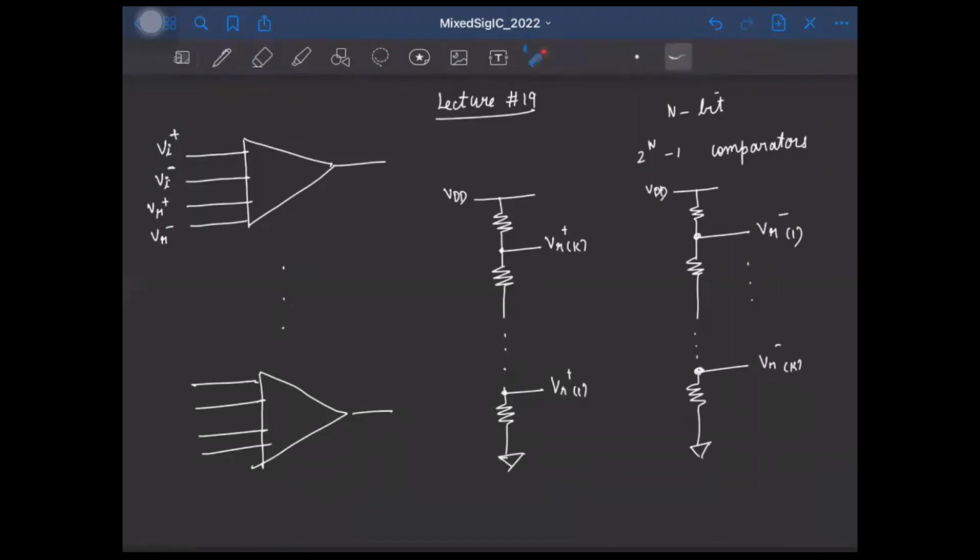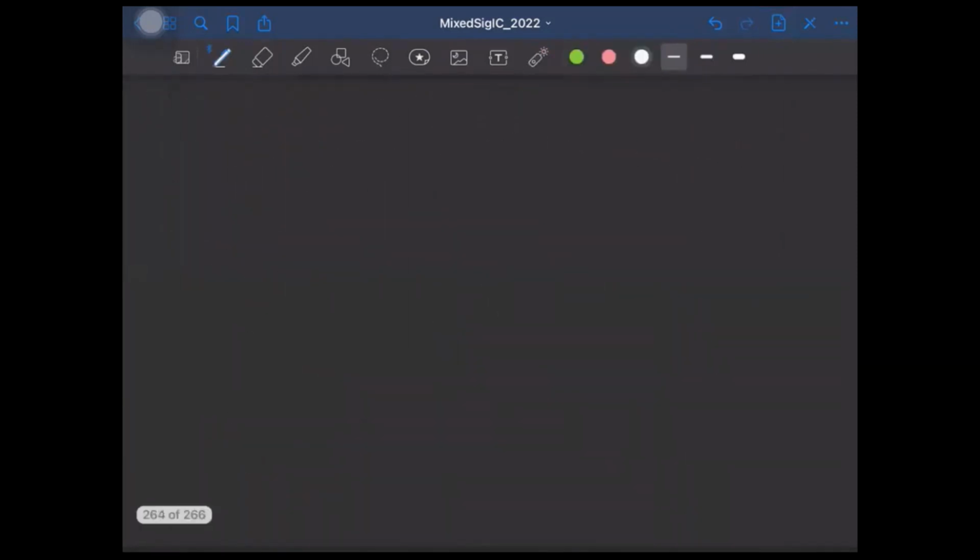We also saw the possible implementations for this comparator itself, and we saw that the best solution is to have a regenerative latch based comparator where we have two CMOS inverters connected back to back like this, right?